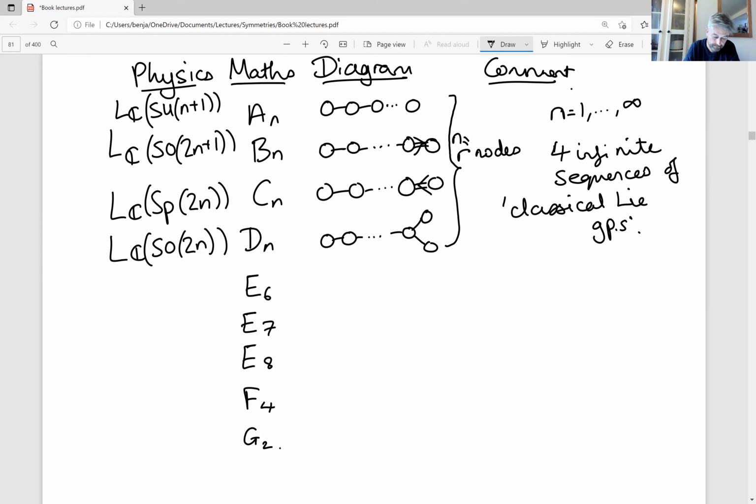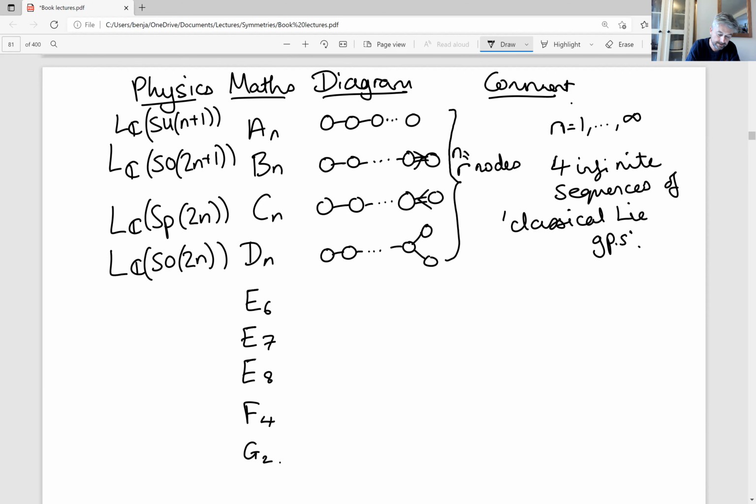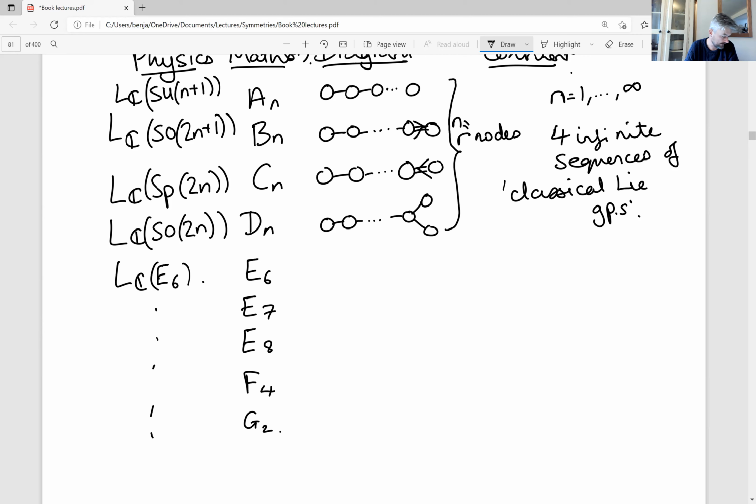What I'm really labeling here is the maths notation for the group G, and so we just have the Lie algebra of E6, etc. Now this one looks like this, and this looks like the same thing, but with a node stuck on the end.